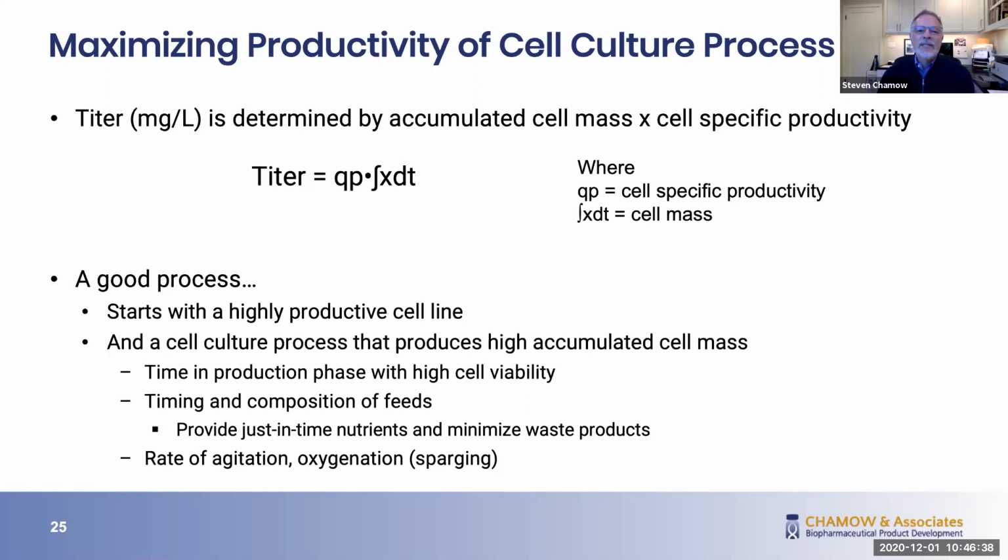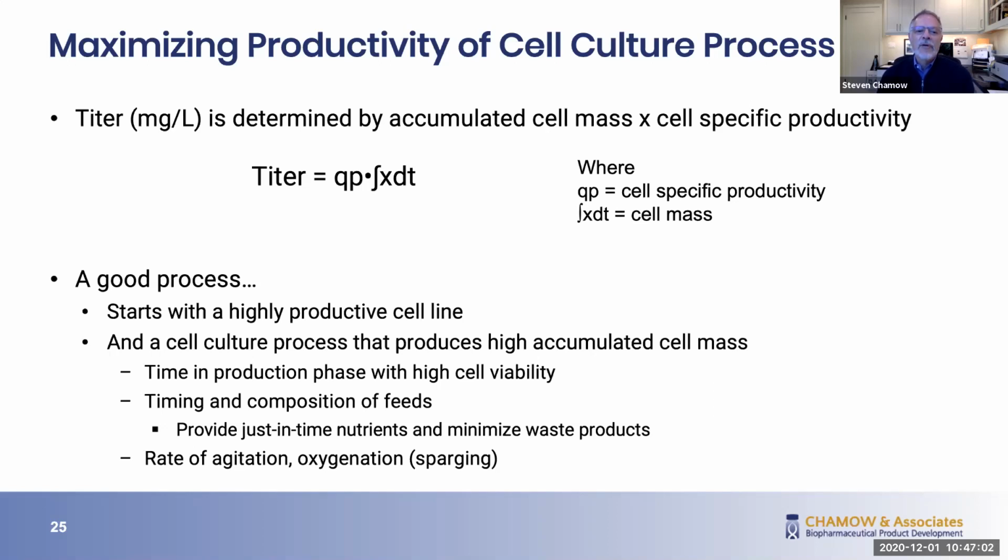So what does a good process mean then in terms of maximizing these factors? A good process starts with a highly productive cell line. That is the QP factor. That's the cell-specific productivity. And a cell culture process that produces a high accumulated cell mass. That's the integral of x dt term. How do we get that?